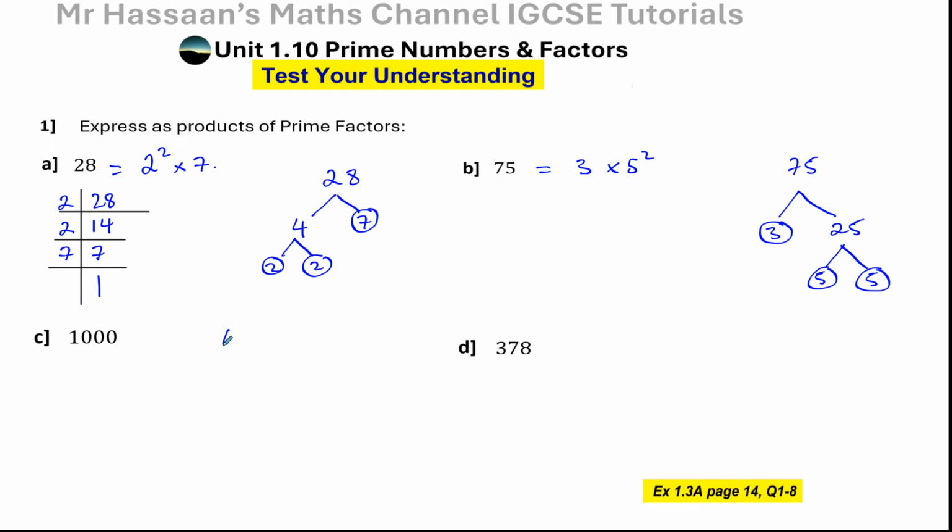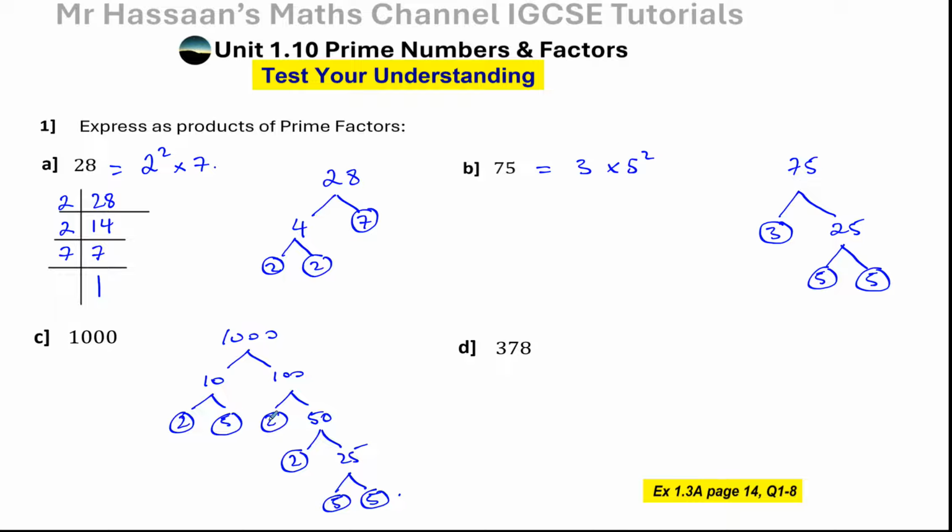So 1,000. Let's start with 1,000. We can say 1,000 is 10 times 100. And 10 is 2 times 5, so that's a prime number and a prime number. Now 100 is the same as 2 times 50, and 50 is the same as 2 times 25, and 25 is the same as 5 times 5.